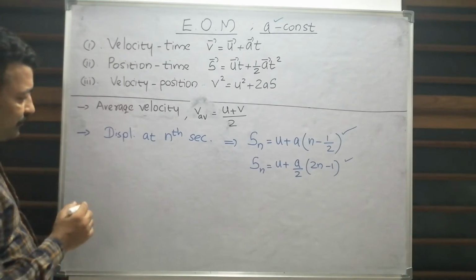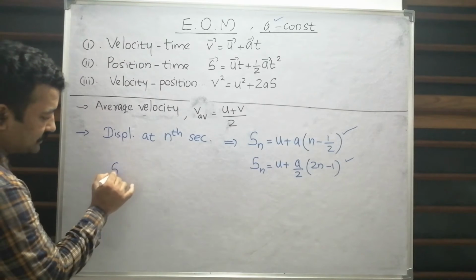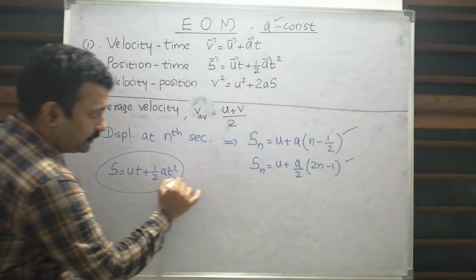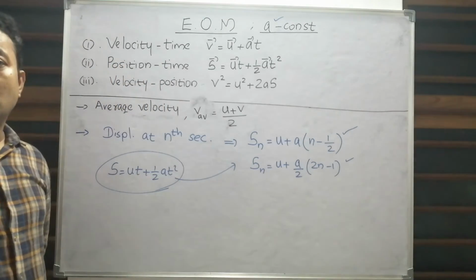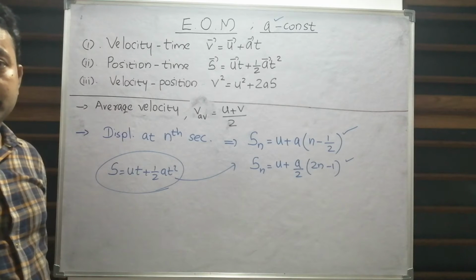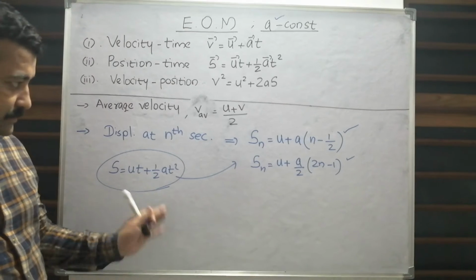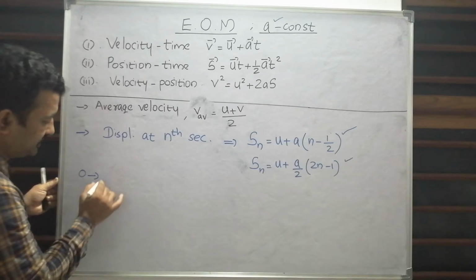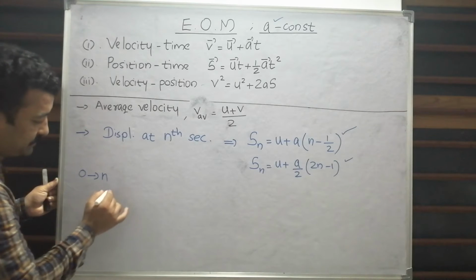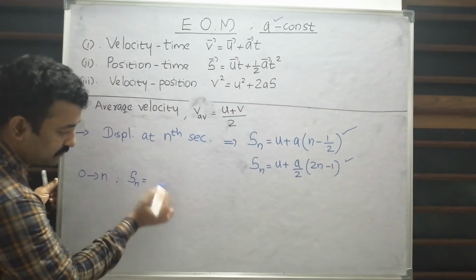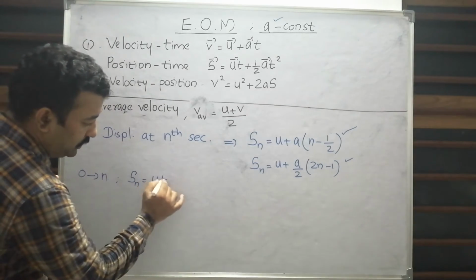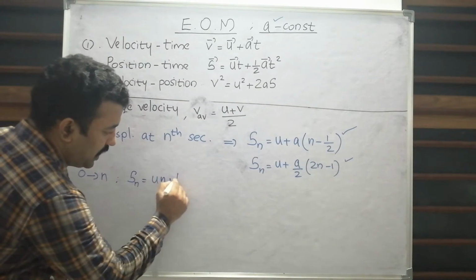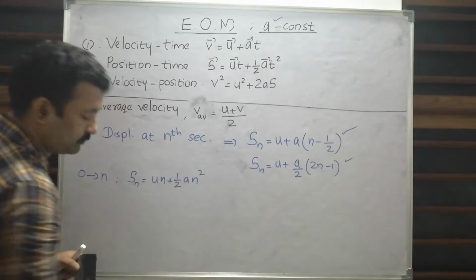You can easily derive that starting from the equation S is equal to ut plus half a t square. You have done this while we covered the concepts of nth second motion and its equations of motion in the theory discussion. It can be easily understood: from 0 to n seconds after starting, the particle will cover a displacement of Sn is equal to un plus half a n square.